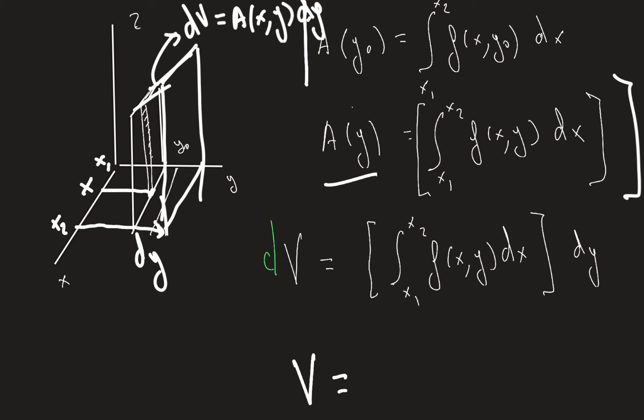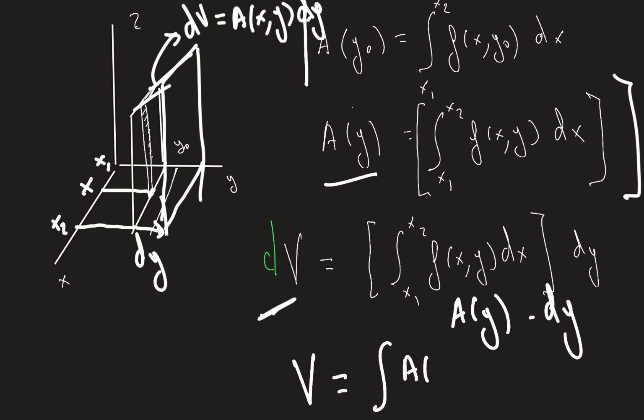So this small volume is A of y multiplied by dy, and the total volume is the integral of A of y by dy.